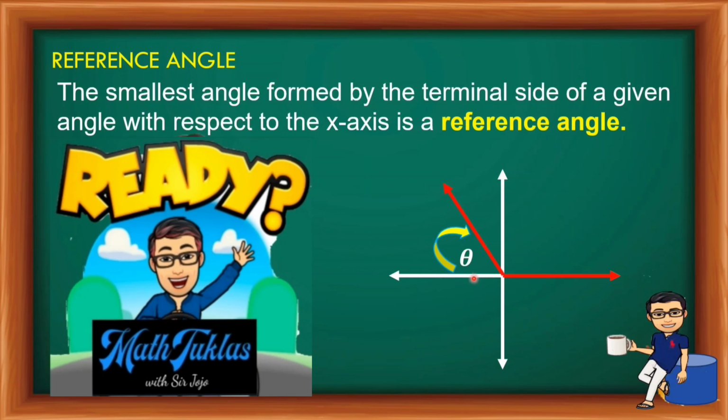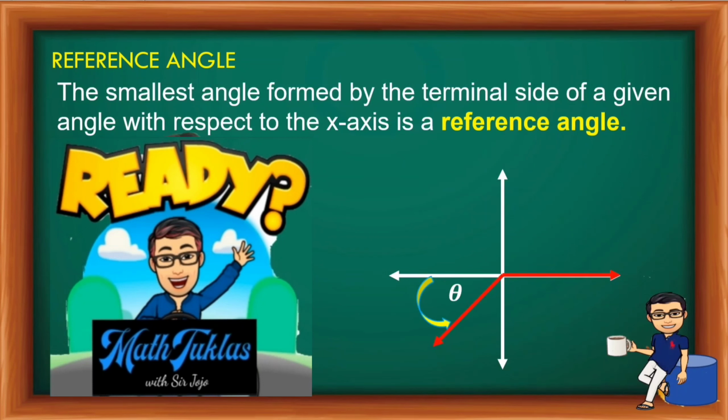Yung may nakikita tayong symbol na arrow at yung may angle theta, yun ang tinatawag nating reference angle. This one is another reference angle. Okay, that symbol with that angle theta is also a reference angle. Again, from the x-axis or the negative x-axis to the terminal side.